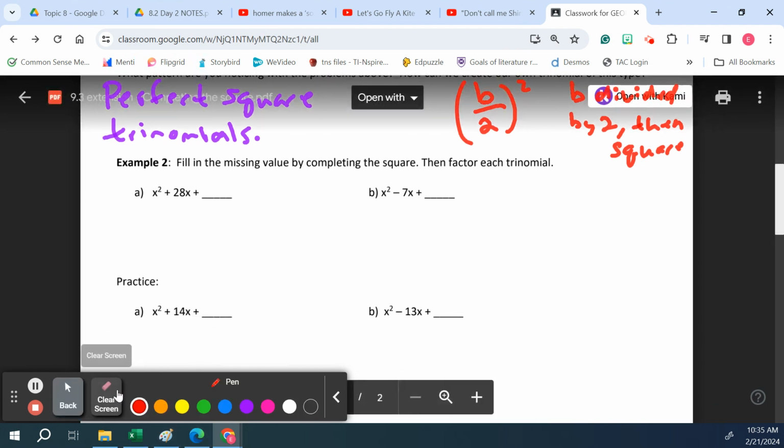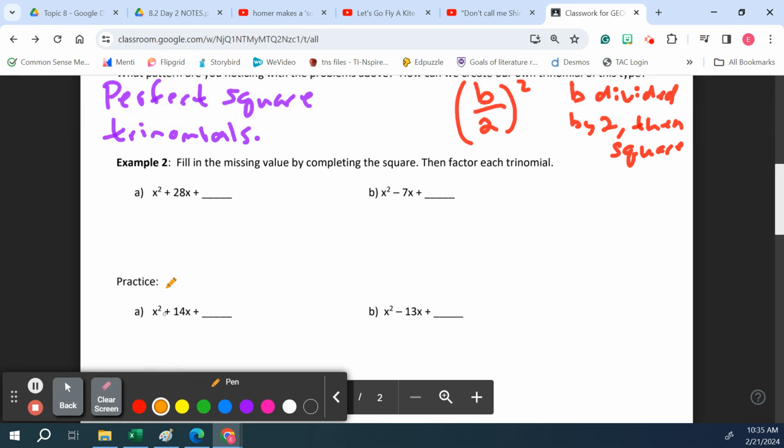All right, let's take a look at this first one. It says fill in the missing value by completing the square, then factor each trinomial. So the b value is always the one with that singular x or y or whatever the variable is.